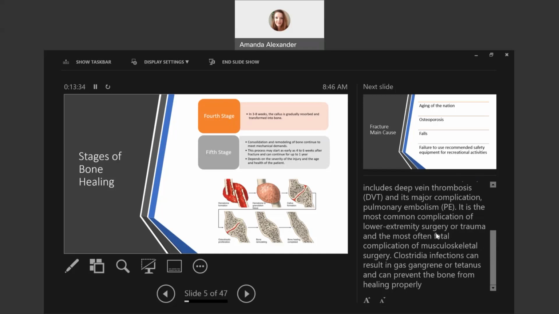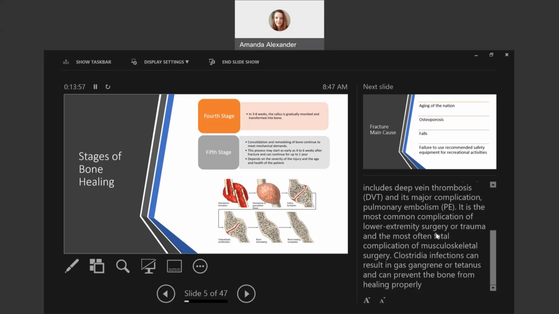If we think about DVTs and PE, some of the things that we need to consider are, if we have a patient that starts to complain of acute pain at the site after surgery, we'll need to really check for distal pulses from the site.